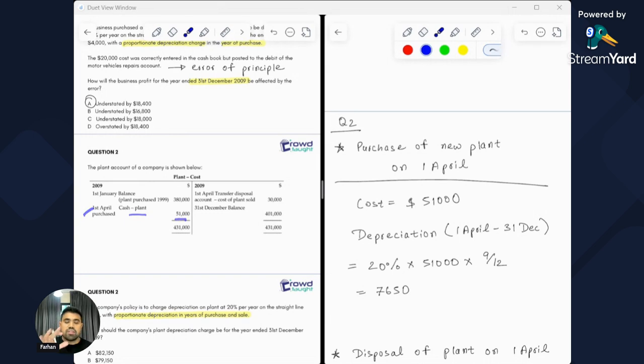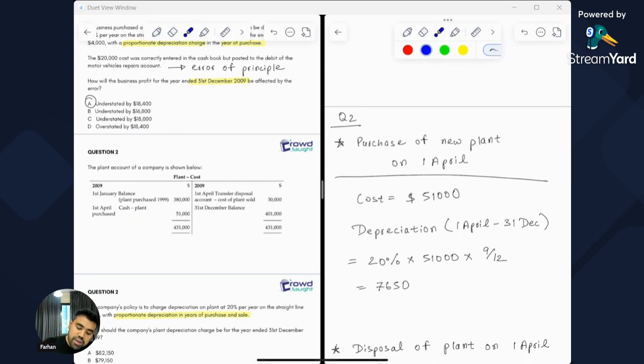Okay, so let's start with the purchase of this new plant first. So we know that the new plant was purchased on 1st of April, and the original cost was $51,000. We are calculating the total depreciation for the year ended 31st of December 2009 based on the requirements given in the question.